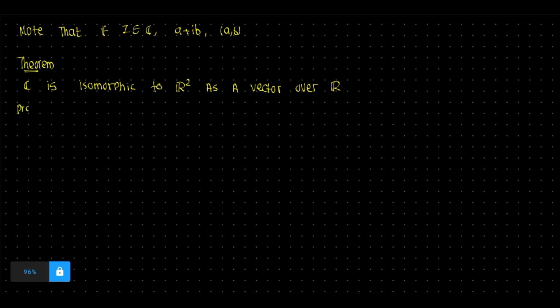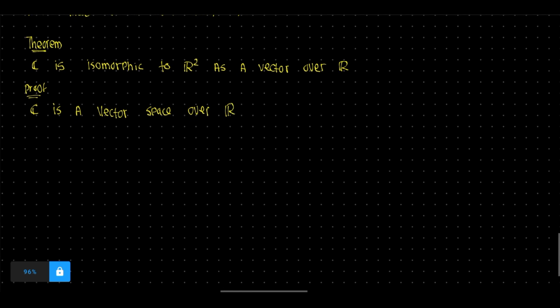So proof. First of all, I will leave the proof that C is a vector space over R as an exercise for you to prove.